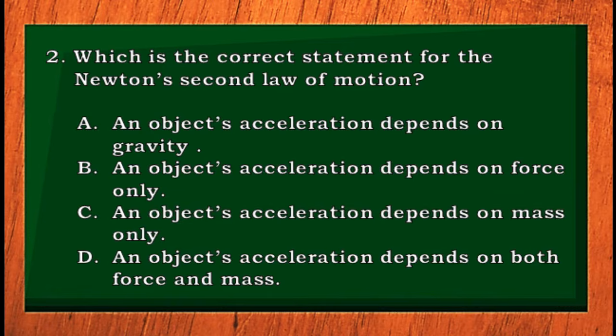Question number 2. Which is the correct statement for the Newton's second law of motion? A. An object's acceleration depends on gravity. B. An object's acceleration depends on force only. C. An object's acceleration depends on mass only.